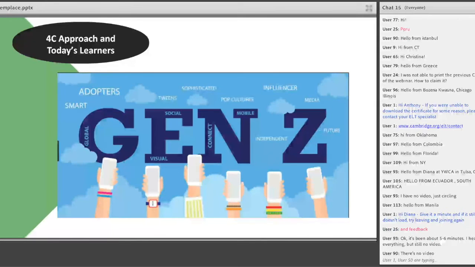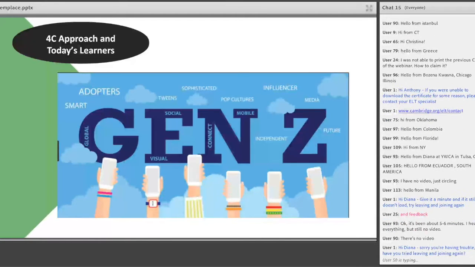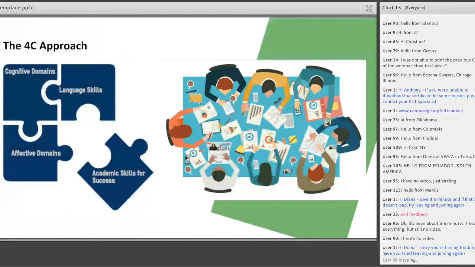So now that we understand a little bit about what the 4 C's actually are and who our students are, let's think about how this approach works. Well, this approach really focuses on building those higher order thinking skills as well as those affective domains. And when I talk about affective domains, I mean things like collaboration and communication.